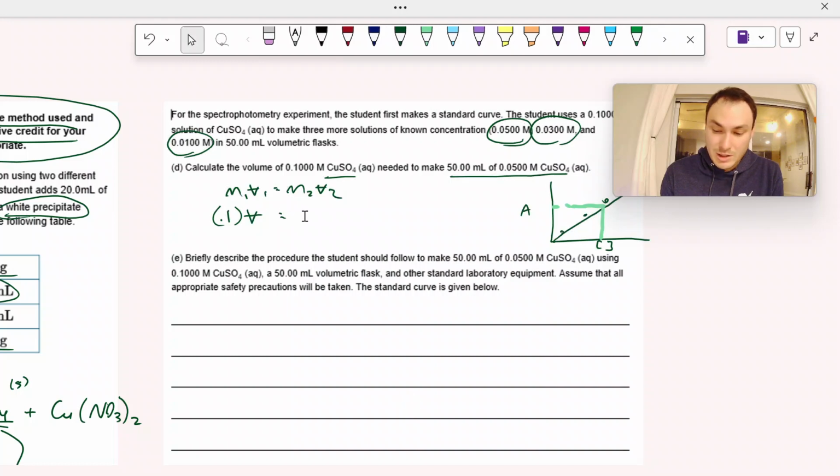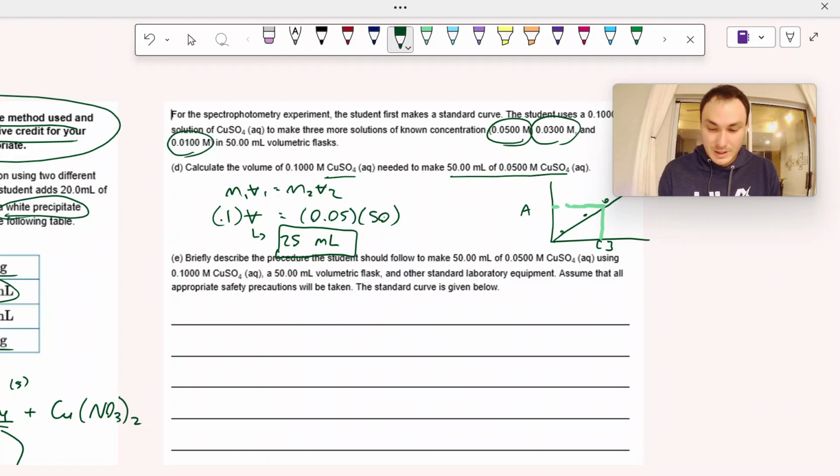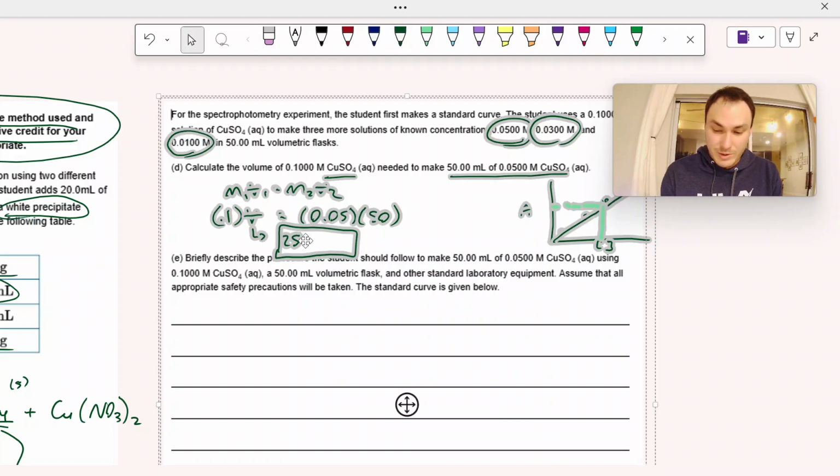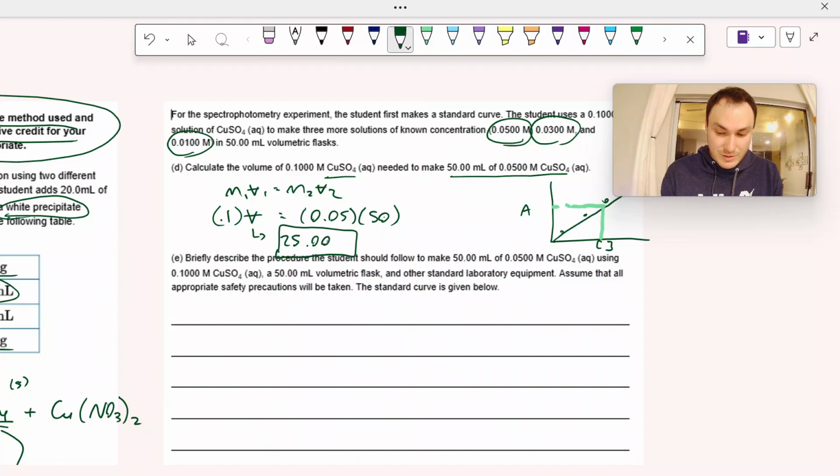We're trying to end up with 0.05 molar, and specifically 50 milliliters. So do 0.05 times 50 divided by 0.1, and we get 25. We need 25 milliliters of the 0.1 molar. I guess sig figs, 25.00 milliliters because everything is 4 sig figs.